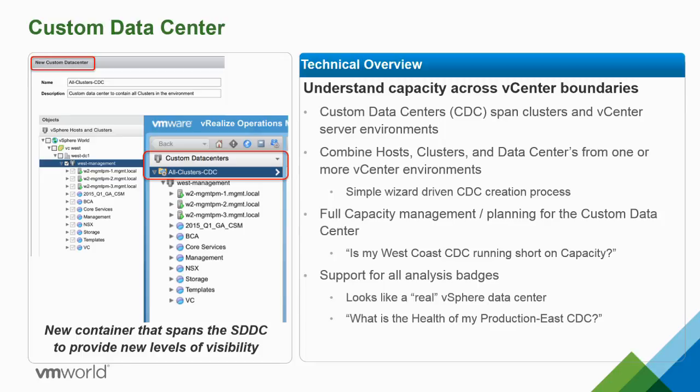They have to manage them individually from a capacity and performance perspective today. But now with this custom data center construct, you can say, I want to group these objects together. And because I'm grouping them together, I can do capacity management across that application, so I can treat it as a holistic application.